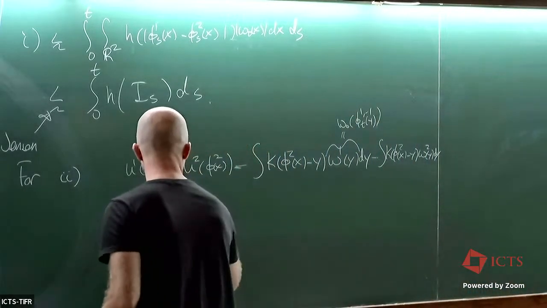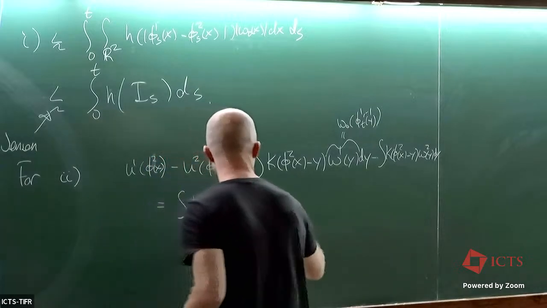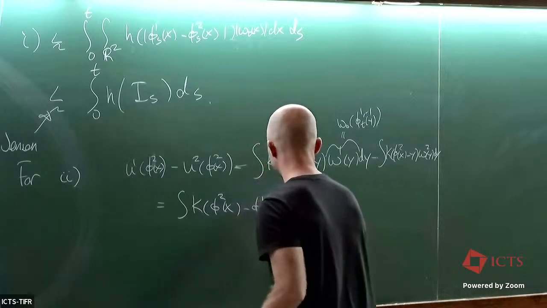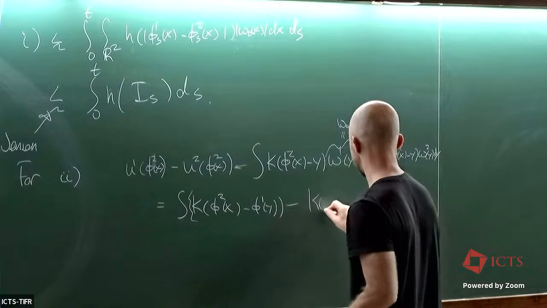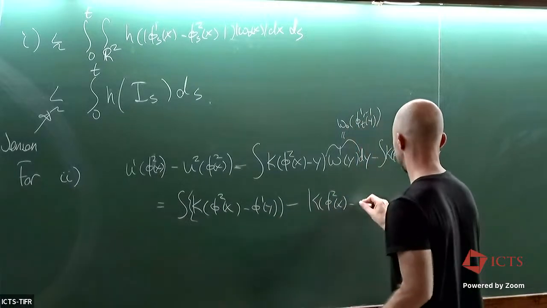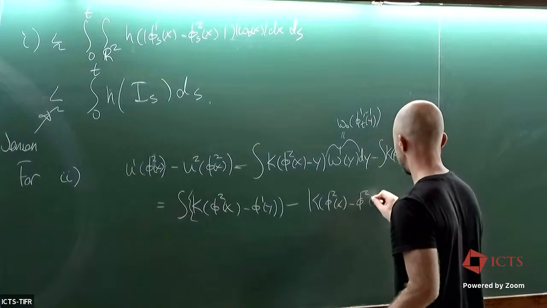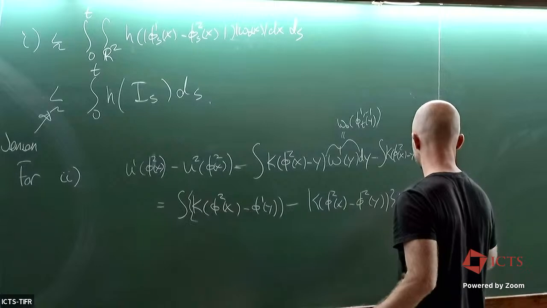So we can write this as the integral of k of phi 2 x minus phi 1 y minus k of phi 2 x minus phi 2 y, all integrated against y.